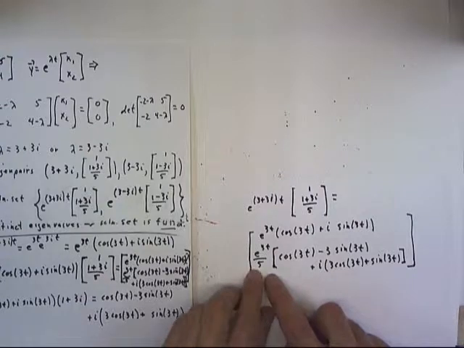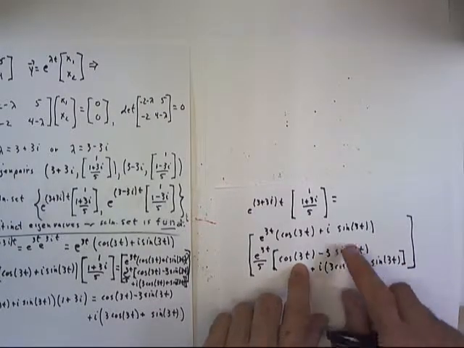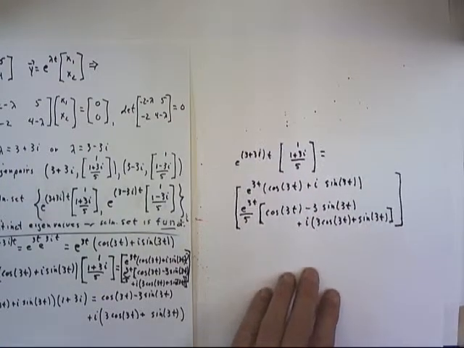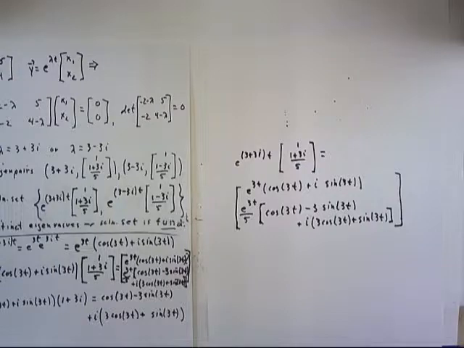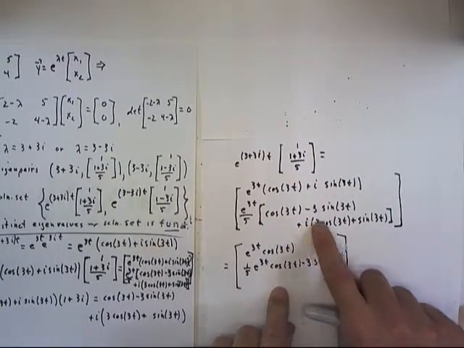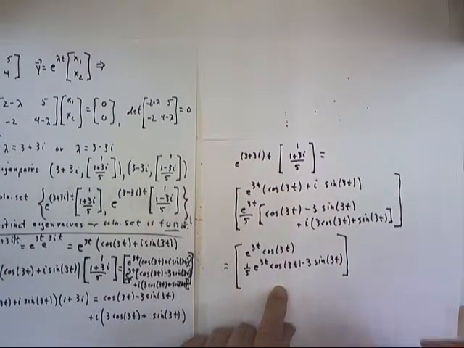Second component will be e to the 3t over 5 times the cosine of 3t minus sine of 3t. And then we can write a separate vector for the imaginary component. So I'm going to go ahead and do that. We first see the real part. Ignoring the parts that have i's, we end up with this.